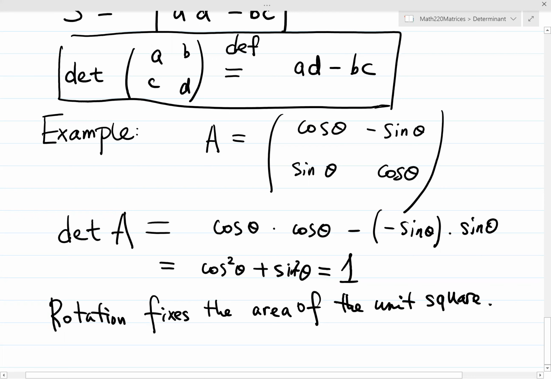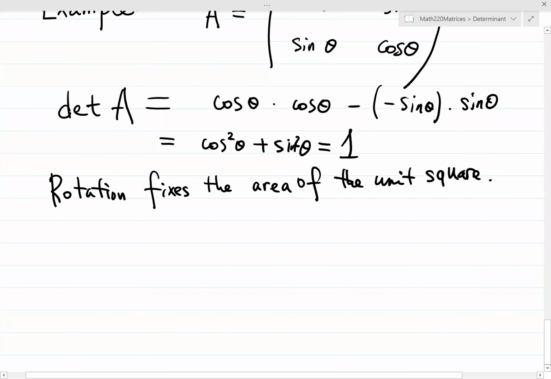Let's now find a definition of determinant for the dimension 3 case.